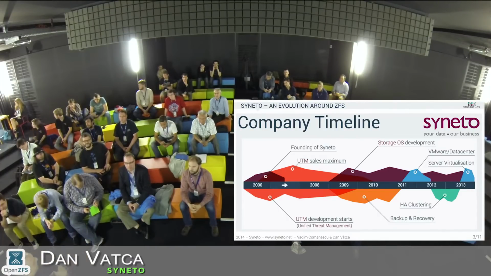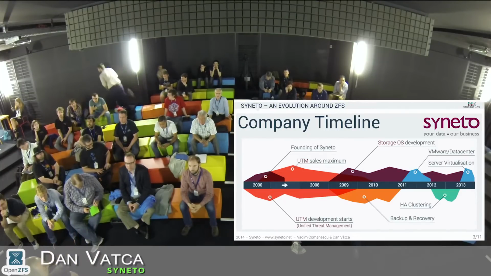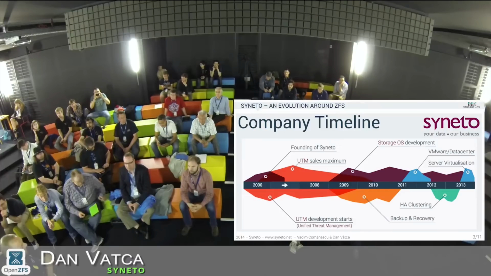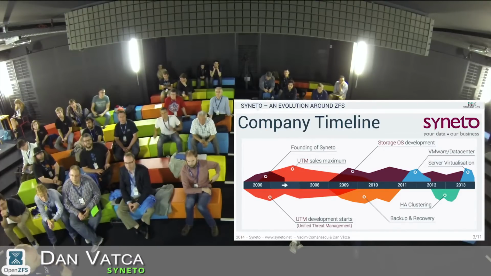But we also evaluated Linux, where we had a lot of experience before with our previous operating system. And then, of course, we also looked very hard at FreeBSD as an option to build our operating system to run on. And at the time, FreeBSD had already the ZFS port, but it wasn't quite as mature.